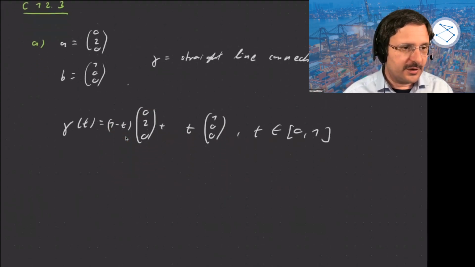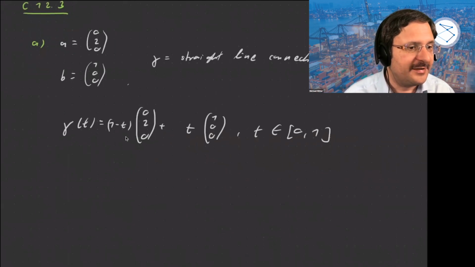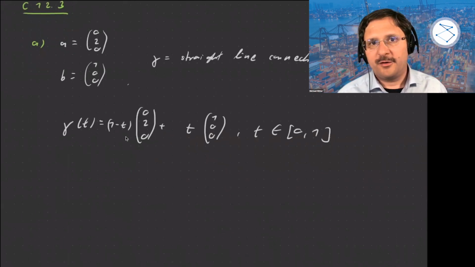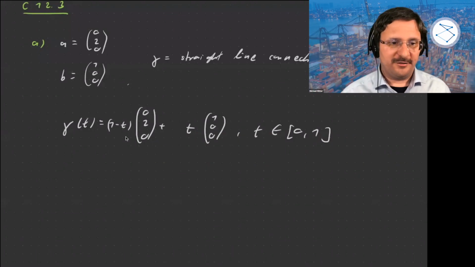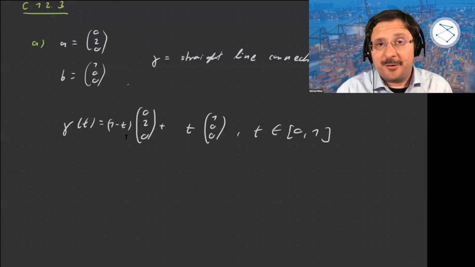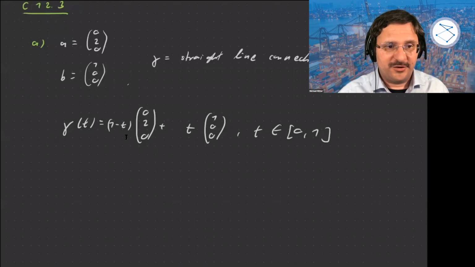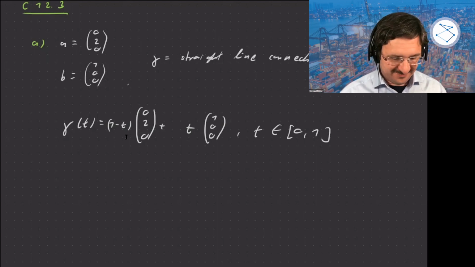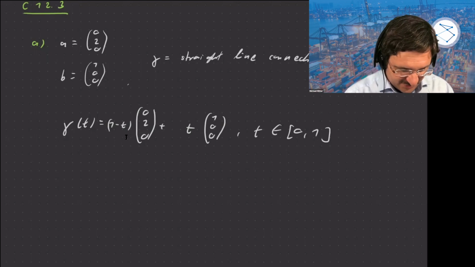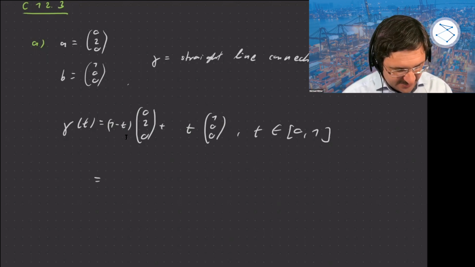And of course, the problem statement doesn't really say whether we have to consider the curve from A to B or the curve from B to A. So the reverse would also have been fine. And there are other parameterizations. That's not the only possible one, you could come up with other ones as well. I think that's a particularly easy one. We can simplify that a little more by taking it all into one vector.